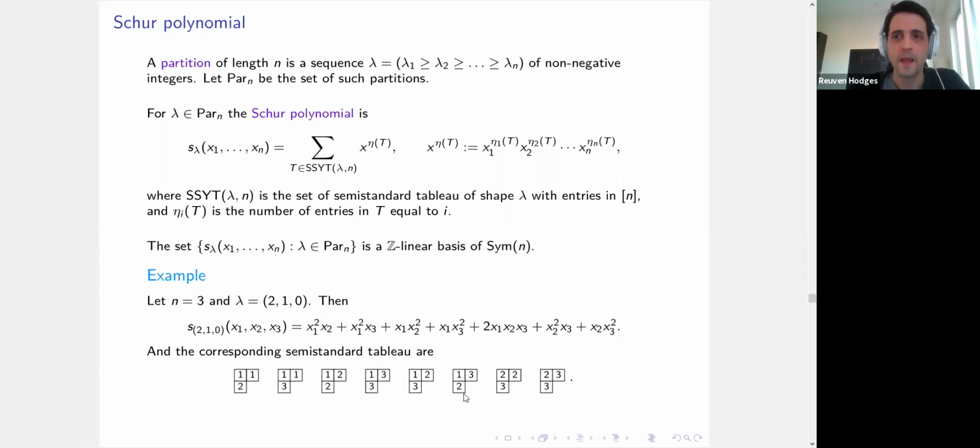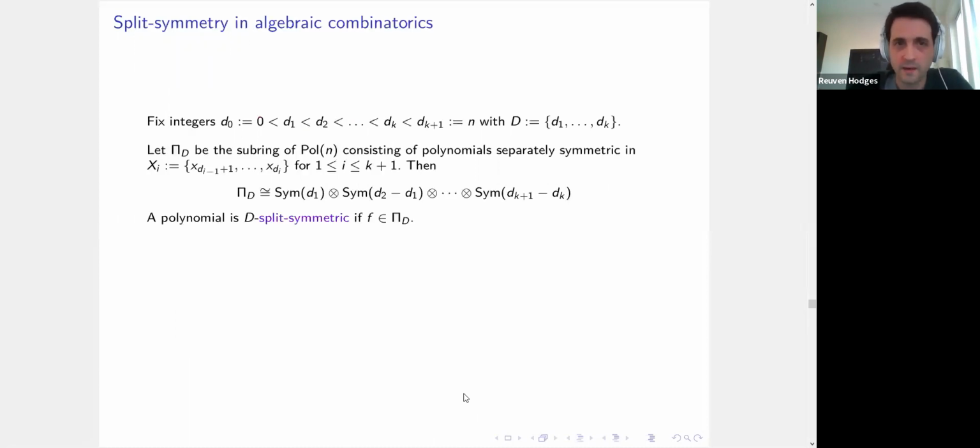Okay, and now one can complicate this a little bit, and so I want to talk about split symmetry in algebraic combinatorics. This is a notion Alex and I introduced in our paper. The idea is you take a bunch of integers d1 through dk, and then we define Pi d to be the subring of Pol n.